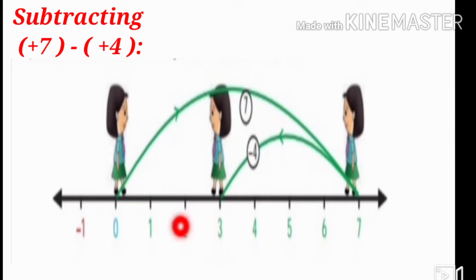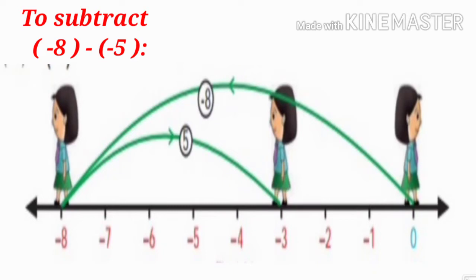To reach the solution, we have to move 4 steps forward in the negative side from 7. That is 1, 2, 3, 4. Now we land at plus 3, which is the solution of the given subtraction.